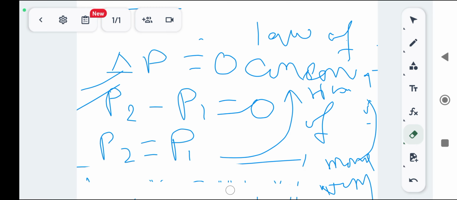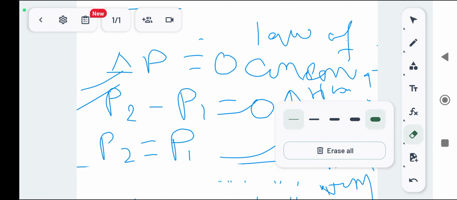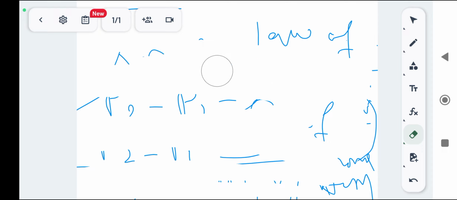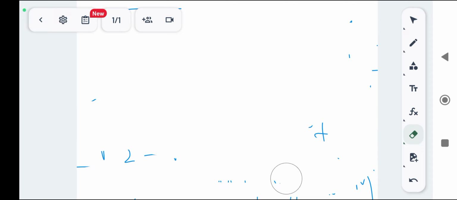Now we'll start here. And the kinematic.